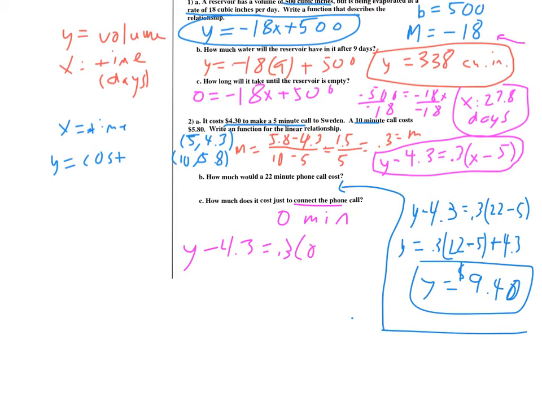So you actually don't need to do this. You can just look at your y-intercept here. But I left it in the point-slope form, which is fine as well. It's going to give me the same answer. And so I'm just going to type it in just like this, add that 4.3 over again. All right, so then y would be $2.80.